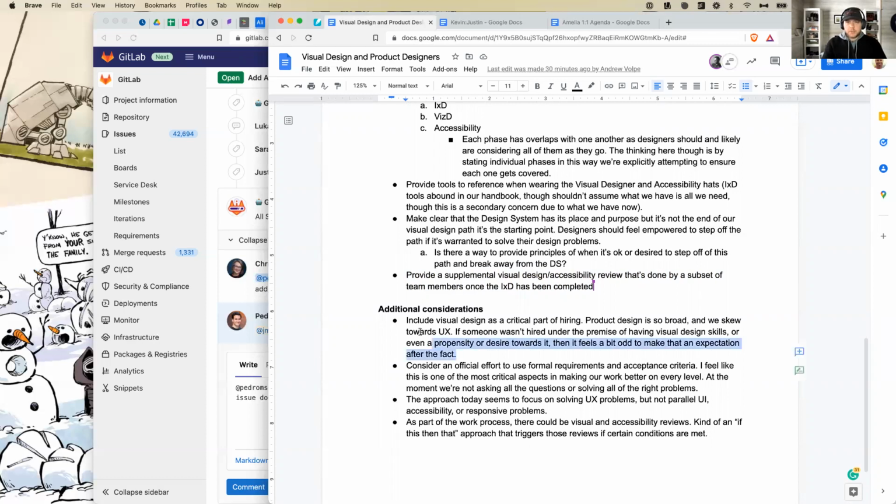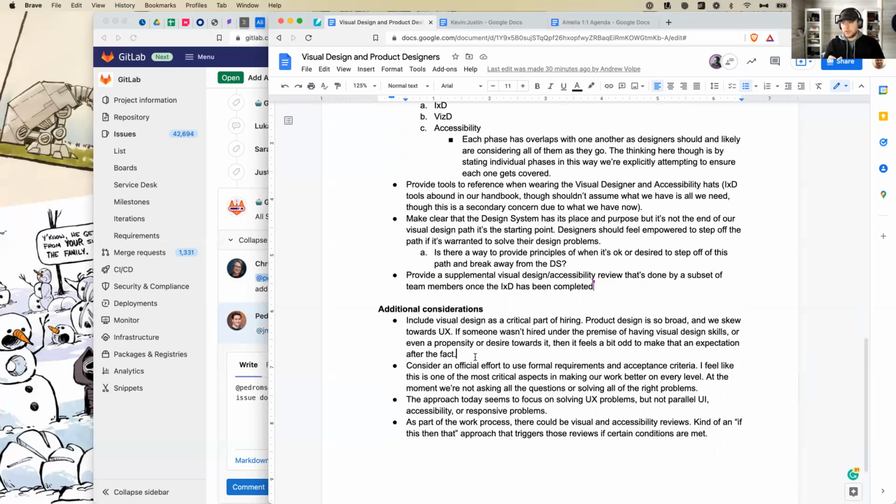Yeah, just some of the things I've thought about was if we try to emphasize more on visual design, to actually just include that directly as a part of hiring, because product design, UX design, it's all so broad that if we're not targeting that part of the spectrum, then I think we're missing out on some opportunities there. And then the converse to that is that not everyone has a desire or propensity to do that today.